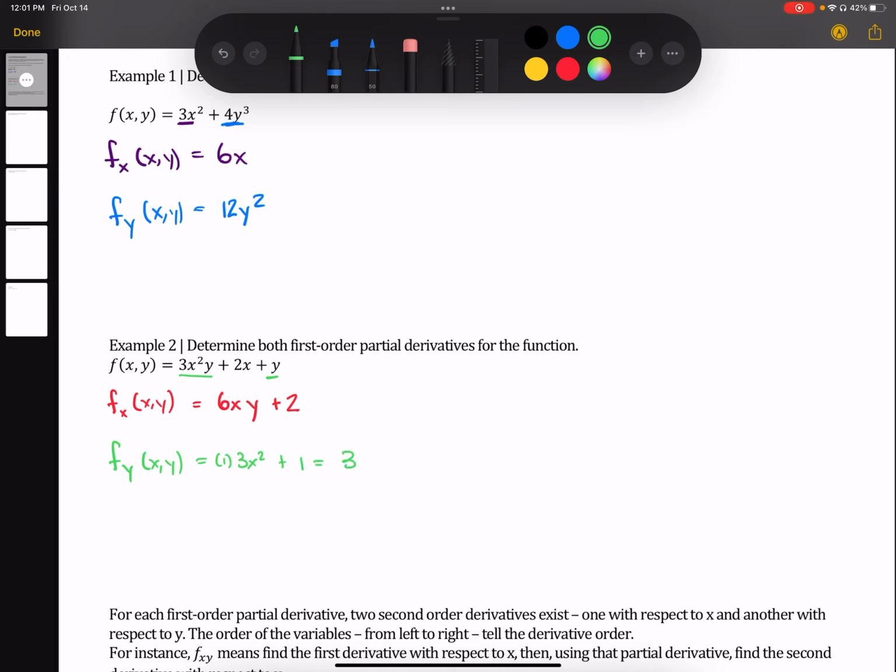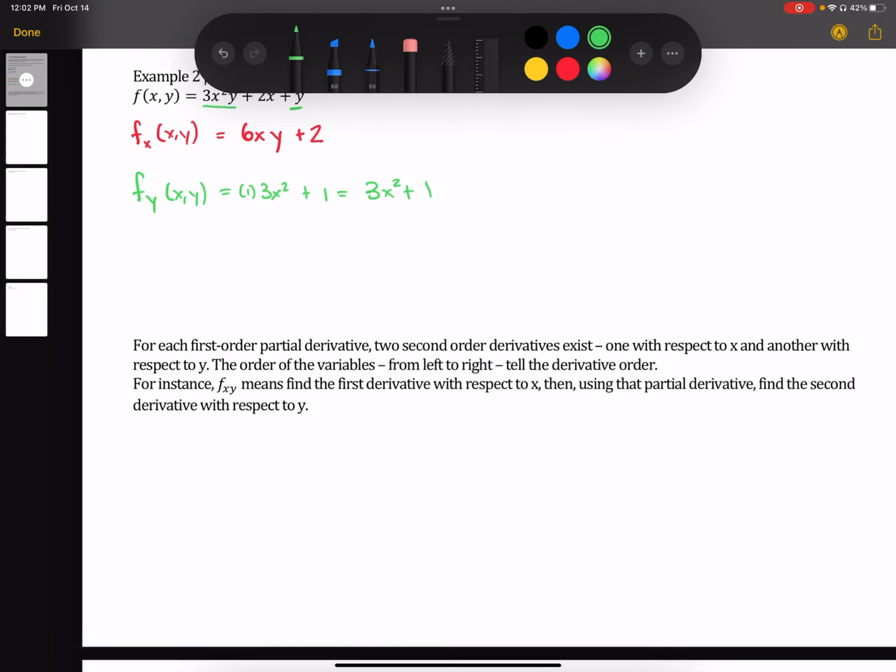So that just gives us 3x squared plus 1. So we can see that doing the partial derivatives is just like doing the derivative for a single variable, except we just basically ignore the other variable if it's not in a product with the variable that we are differentiating.